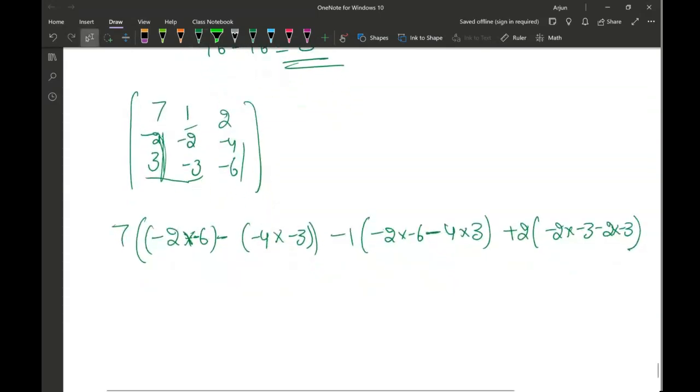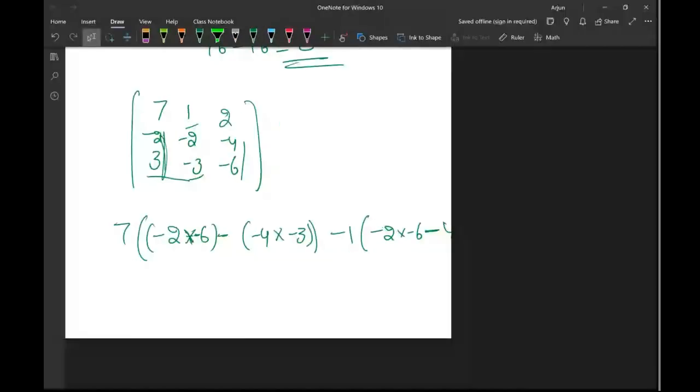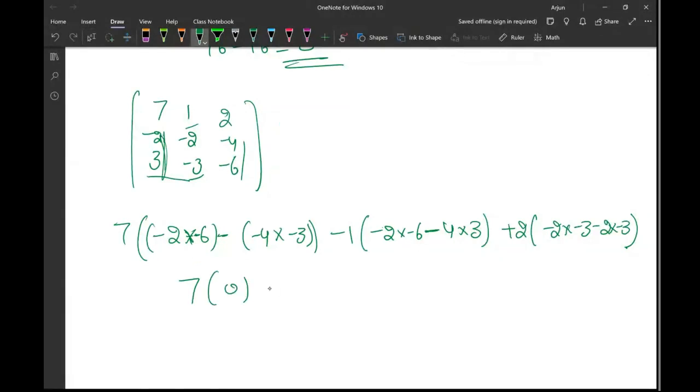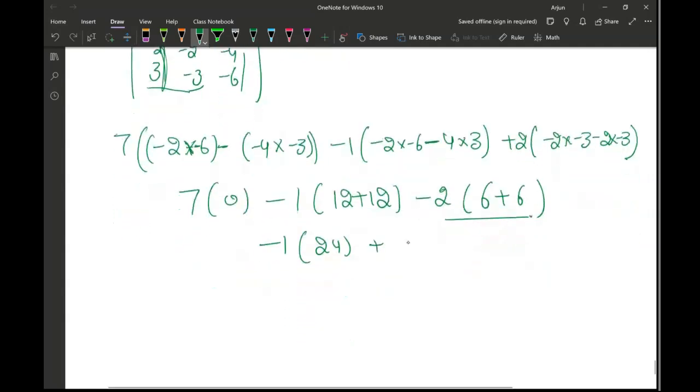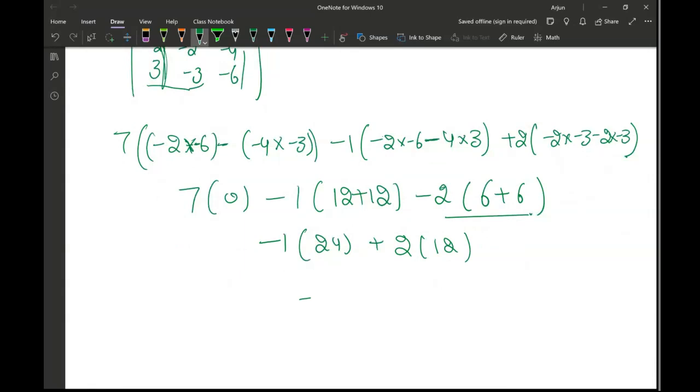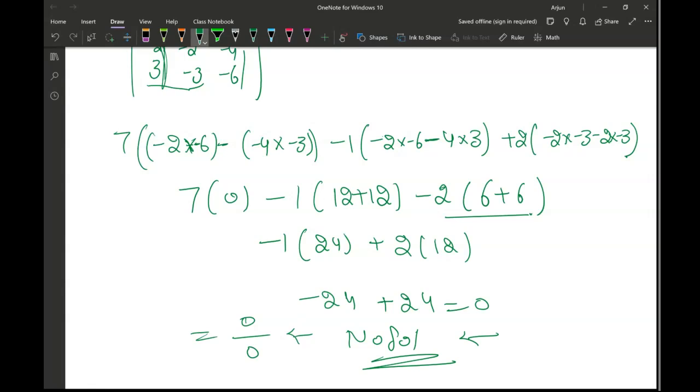That's what I'm going to write. So 7 times 0, minus 1 times 12 plus 12, minus 2 times 6 plus 6. So minus 1 times 24 plus 2 times 12, which is minus 24 plus 24, that is 0. So 0 over 0, no solution, and you can leave the remaining.